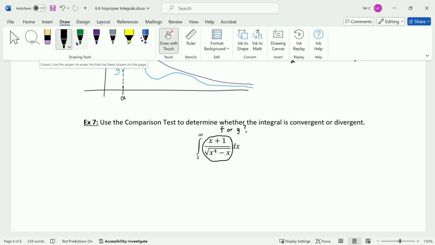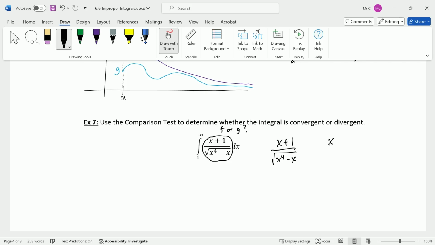So, what do I mean? Well, let's look at just the function itself, x plus 1 over the square root of x to the 4th minus x. So, what changes could I make to this function that would make it bigger or smaller? Well, if I look at this x plus 1, when I make a numerator larger, then the whole fraction gets bigger. So if I remove the 1, I'm making the numerator smaller.